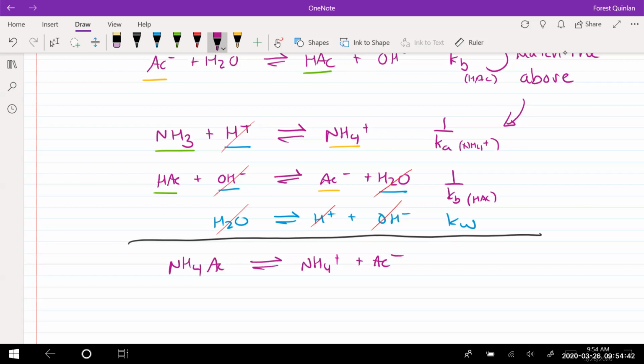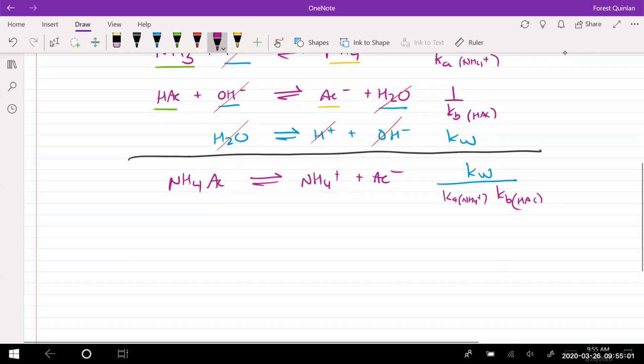At the end of this, that means that we have KW all over the Ka for the NH4 plus times the Kb for the HAC.